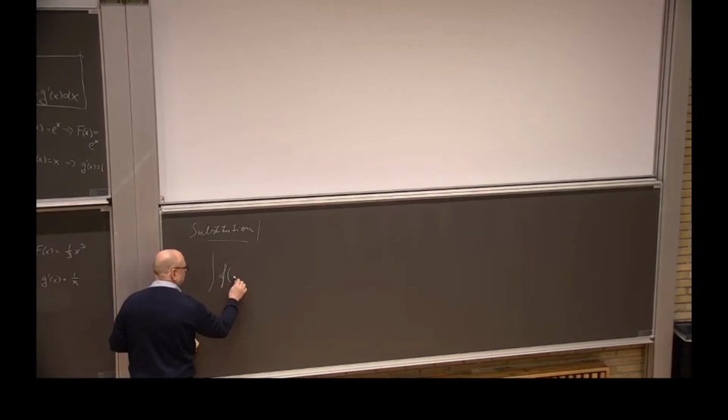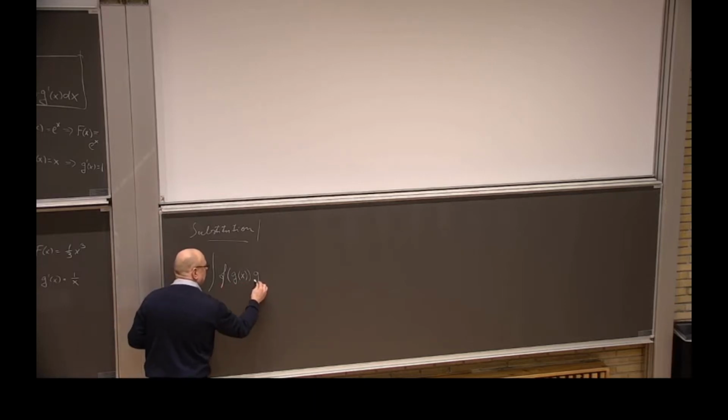Here you have a composite function. So you have an inner function g and an outer function f, and then it's multiplied by the derivative of the inner function.